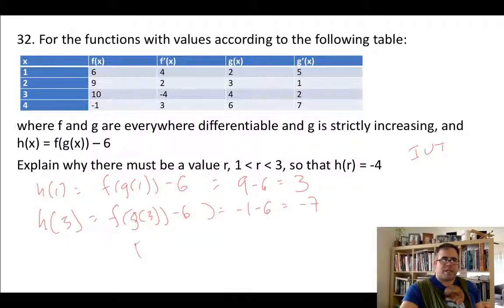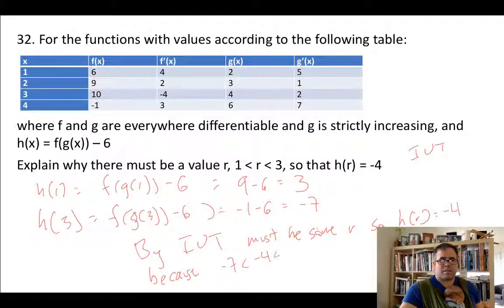So by intermediate value theorem, there must be some r so that h of r is -4, because -4 is between -7 and 3. Straightforward.